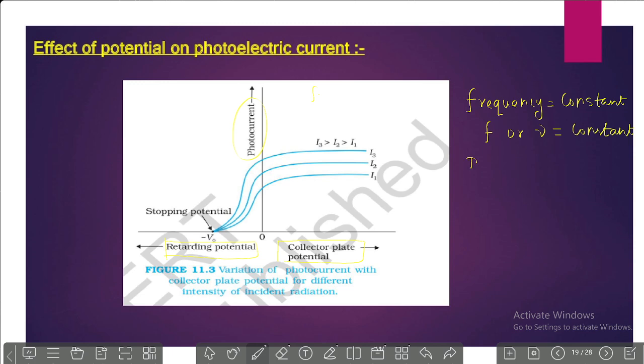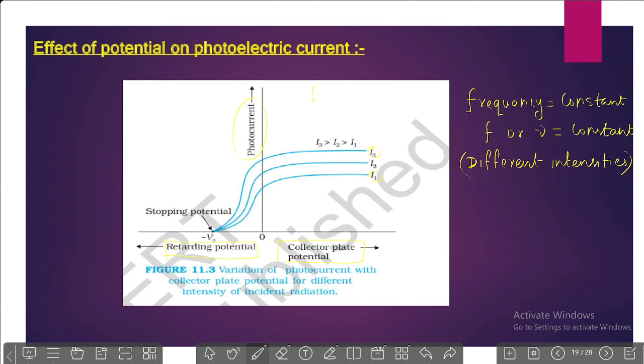But different intensity is another consideration here. Different intensities: I1, I2, I3. These different intensities are taken here, but frequency is constant.